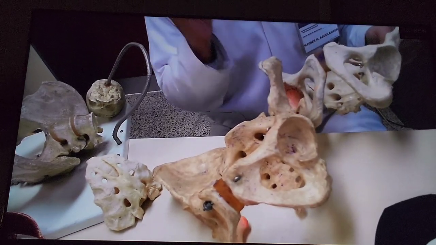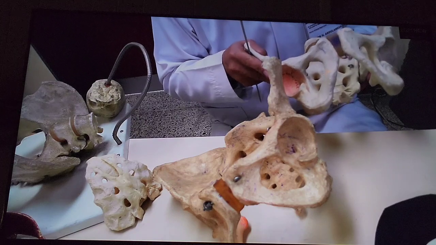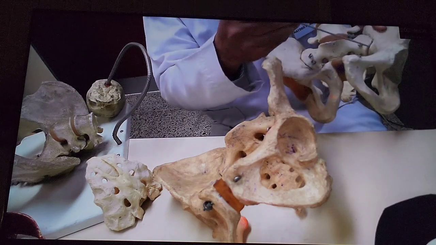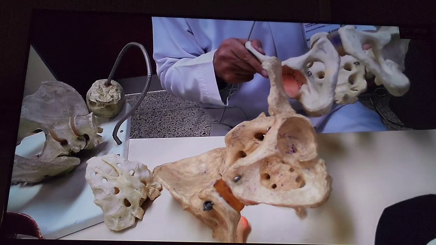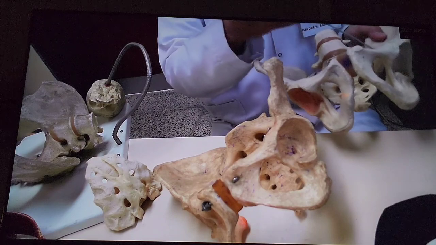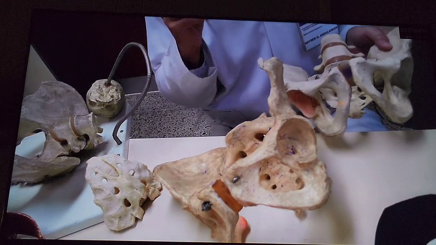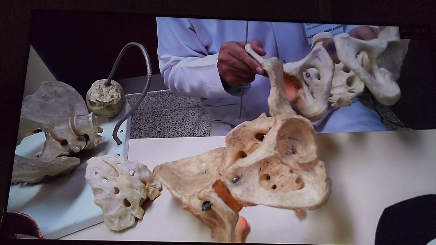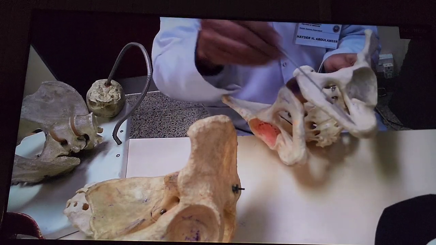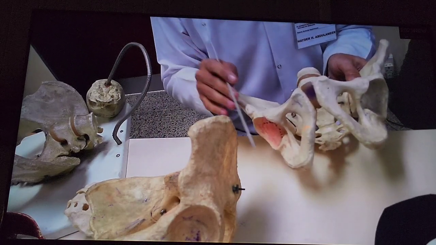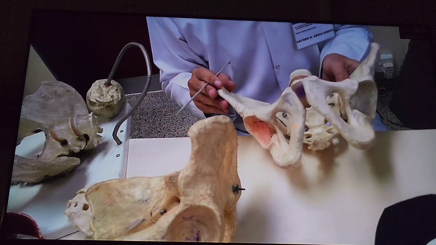In male it is large and well marked. Here you can see the sacroiliac joint is large, while here in female it is small. The muscular attachment in case of male is well marked, while it is indistinct in case of female.